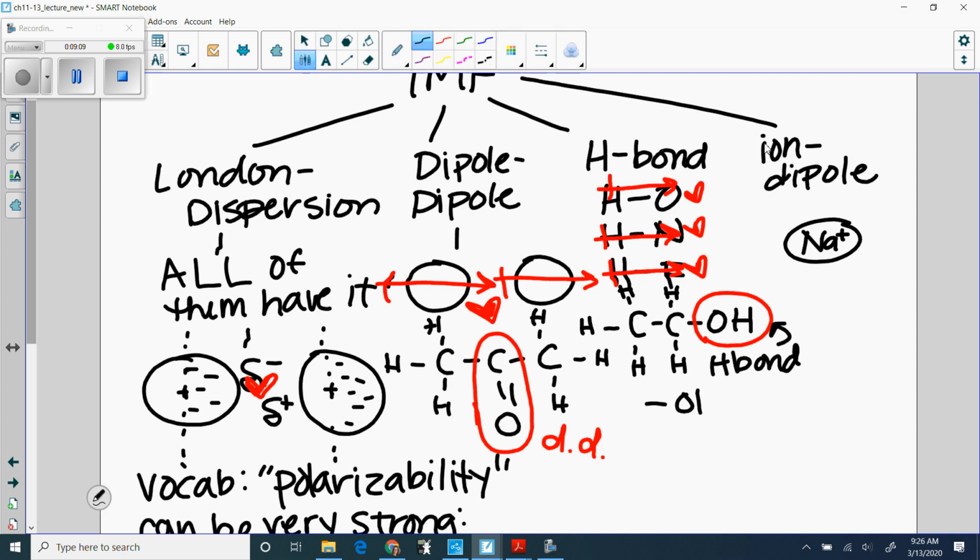And its intermolecular force is with something that has a dipole, like water. Water has a dipole. An ion is an ion, hence ion dipole. The intermolecular force is right here, in between.